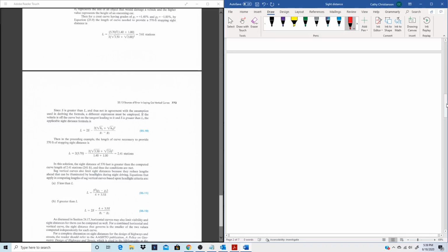Alright, so the next equation, and again, this is a stopping distance. It would be L equals 2S minus 2 over g1 minus g2, times the square root of h1 plus the square root of h2, squared.